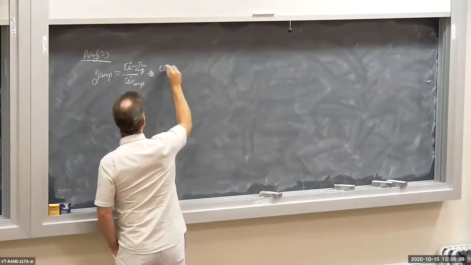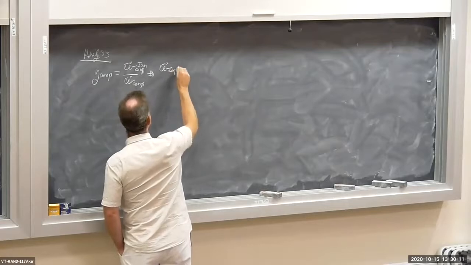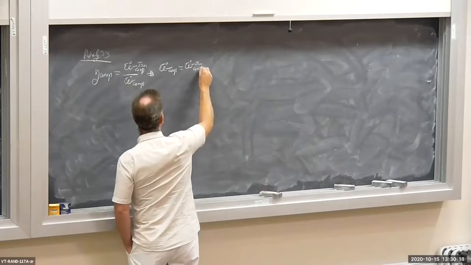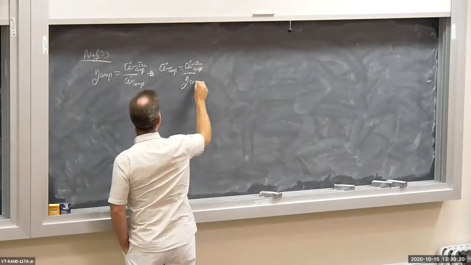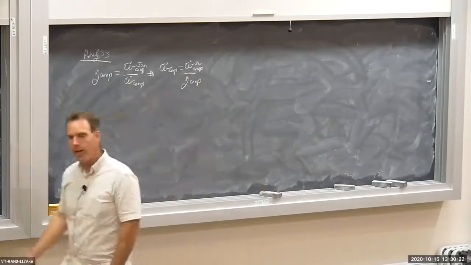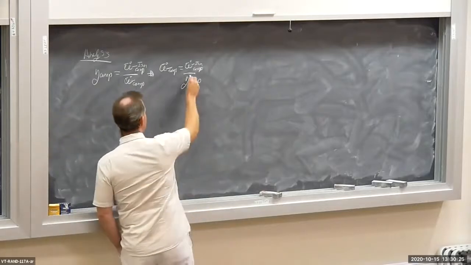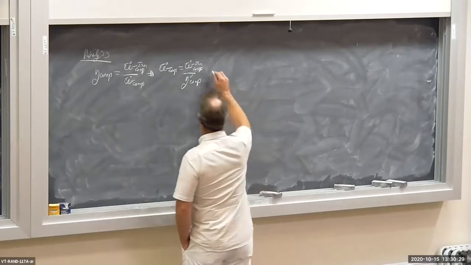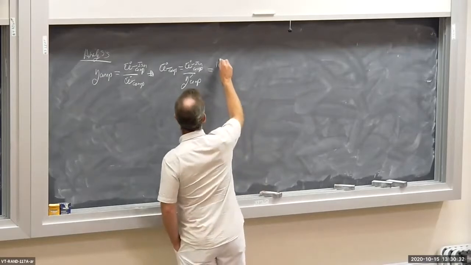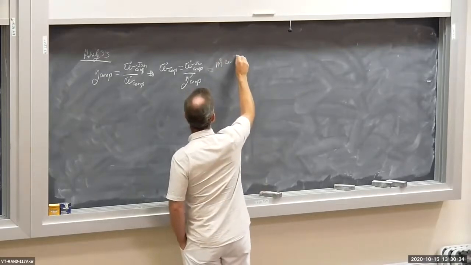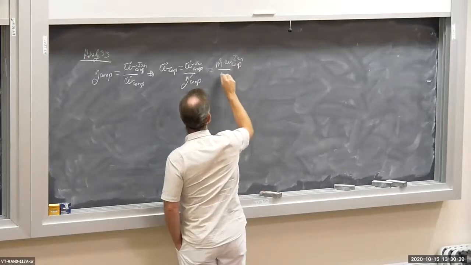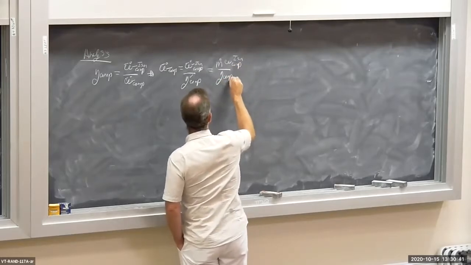So W dot for the real compressor is equal to W dot for the isentropic compressor divided by the isentropic efficiency for the compressor, okay? I have the isentropic efficiency, check, but I don't have W dot for the isentropic compressor. By the way, this is equal to m dot times the specific work for the isentropic compressor divided by the isentropic efficiency.